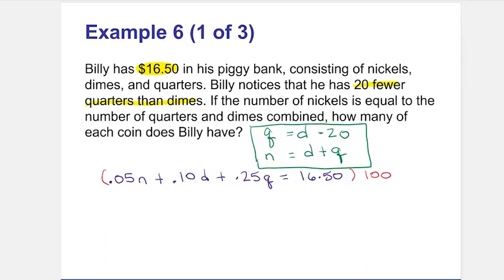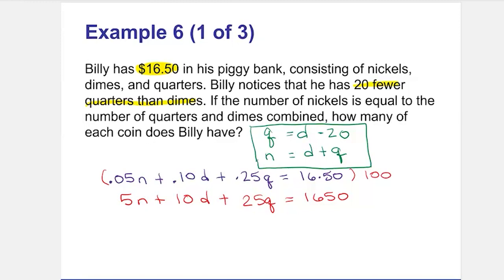So 0.05 times 100 is 5n, plus 10 cents times 100 is 10d, plus 0.25 times 100 is 25q, is equal to 1,650. Now, at least now I don't have any decimals, okay?